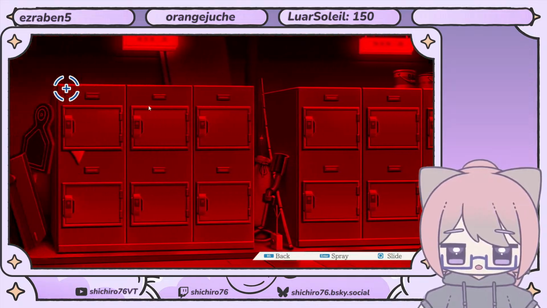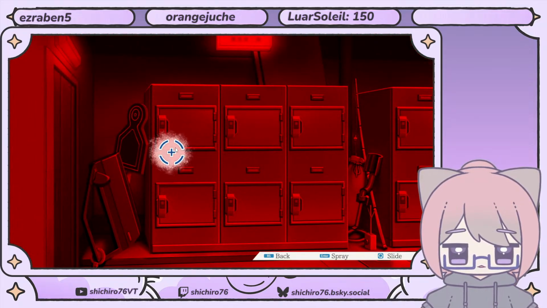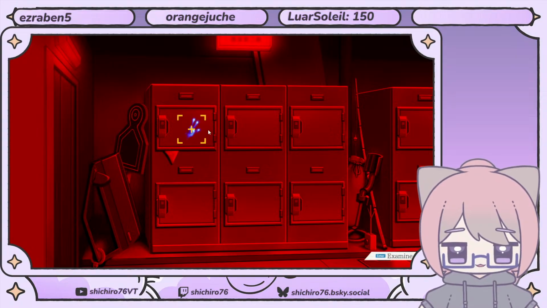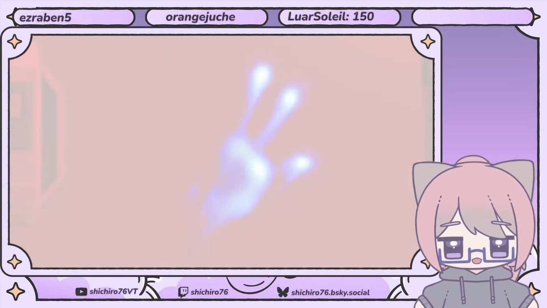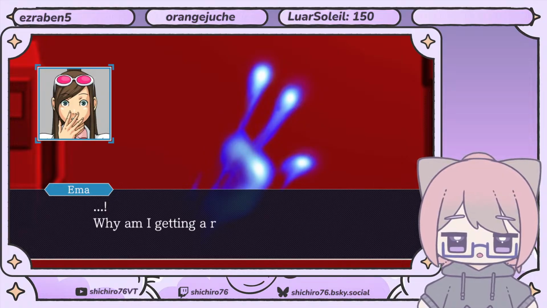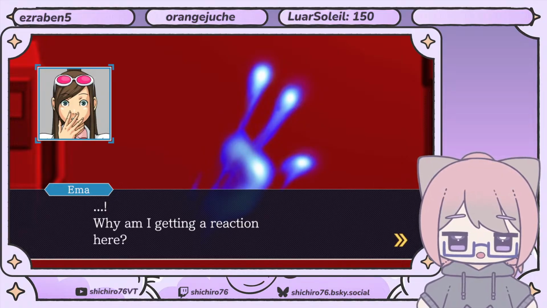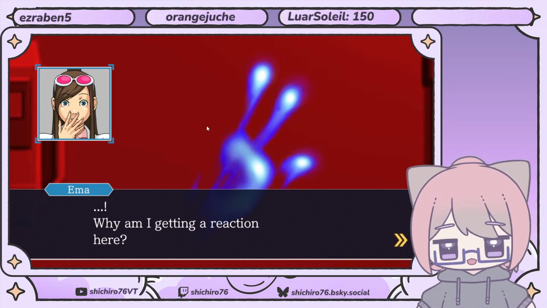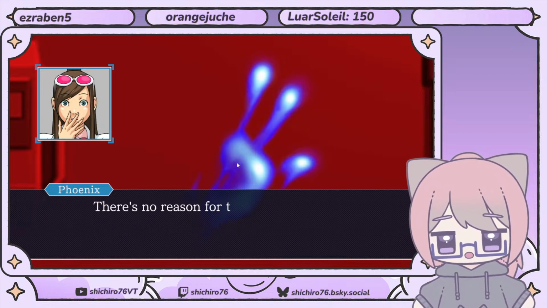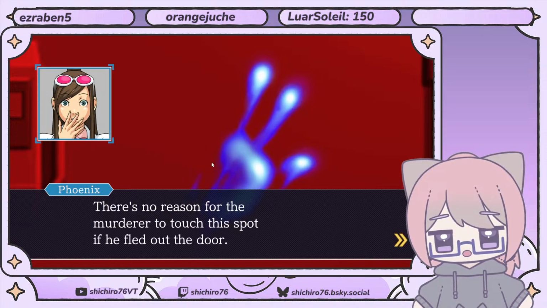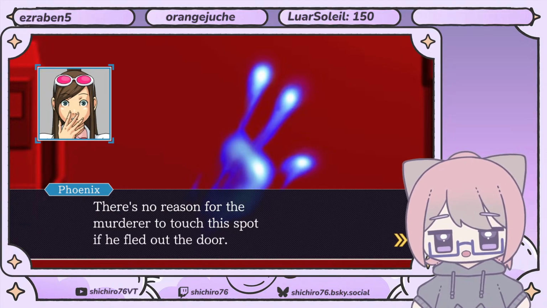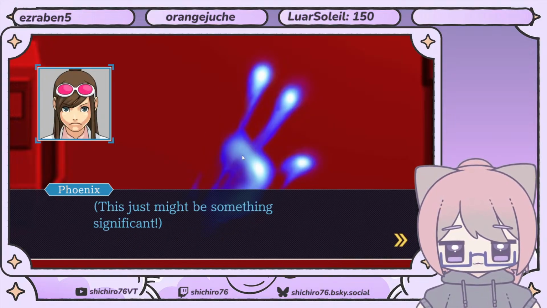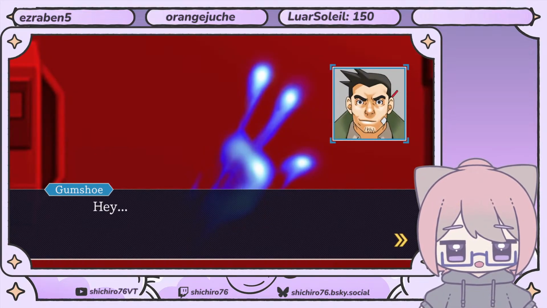Something about a locker. It's not this locker. So, oh, maybe this one. No? Yes. What the heck happened? Why am I getting a reaction here? There's no reason for the murderer to touch the spot if he fled out the door. This might be something significant.